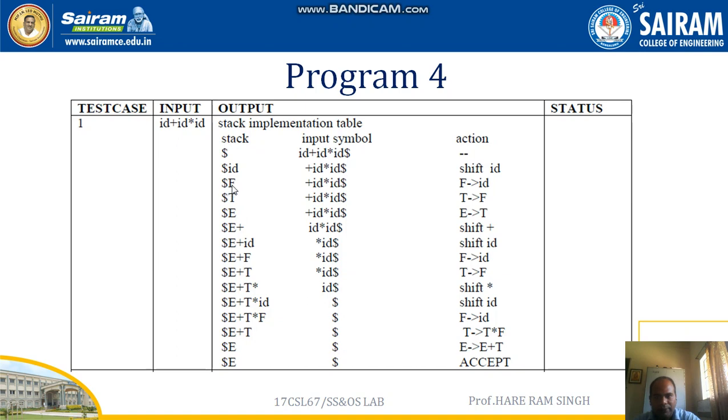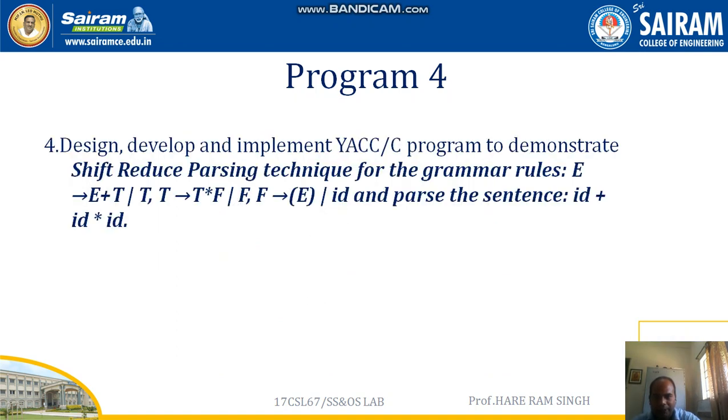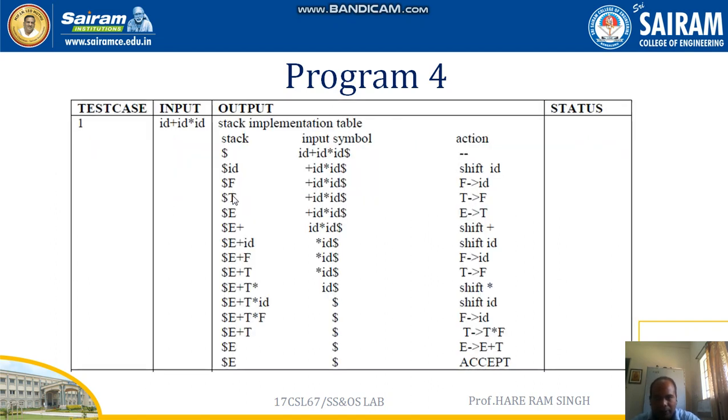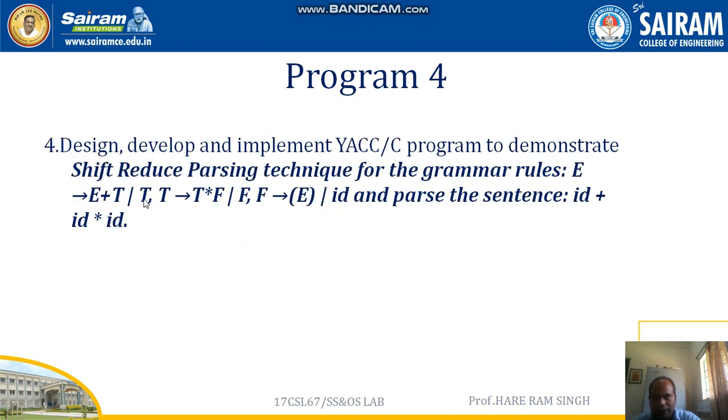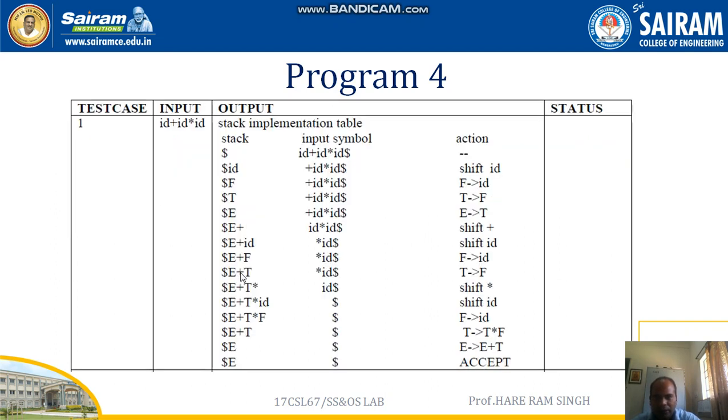Next, F can be reduced to T. Let us see: T → T * F or F, so F is reduced to T. Next, T can also be reduced to E according to the grammar: E → E + T or T. So T is reduced to E. Next in the input it is the same, + id * id $. Till here these three are reduce actions and the first is a shift action.